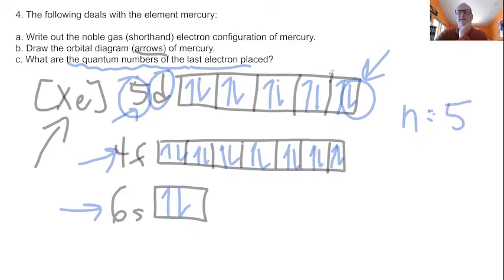What does the next quantum number tell us? The d, right? Which is what? What do we call d? 5 is an energy level. d is the next one below that.